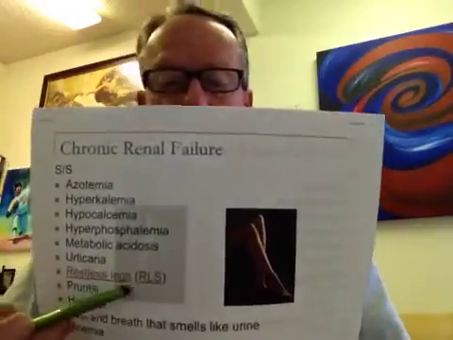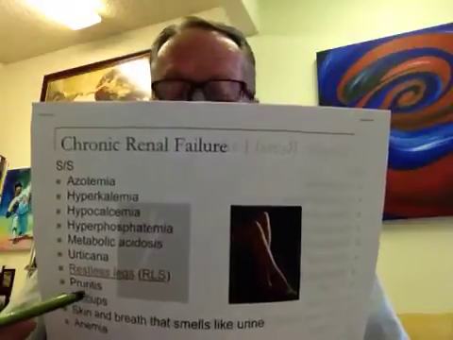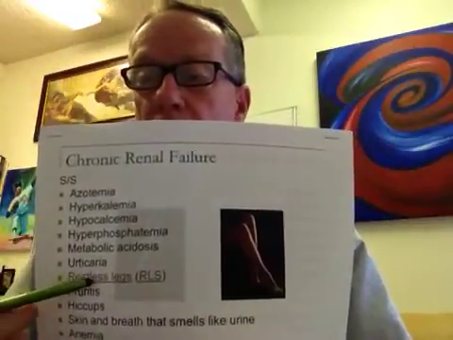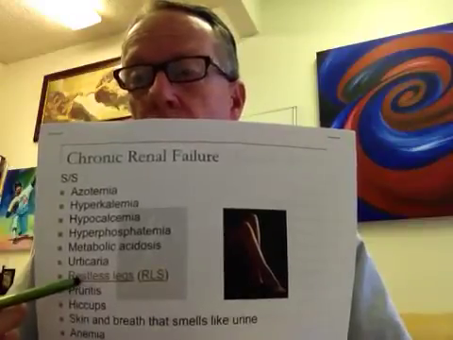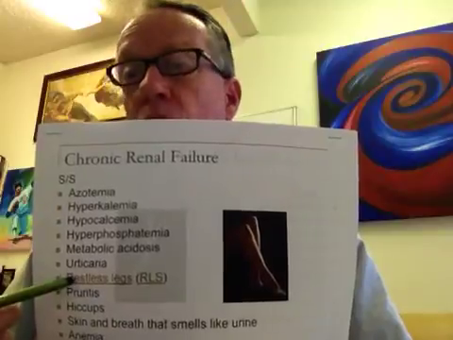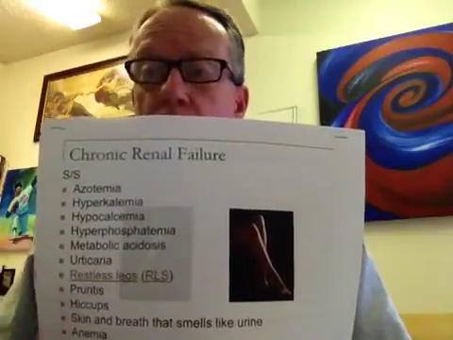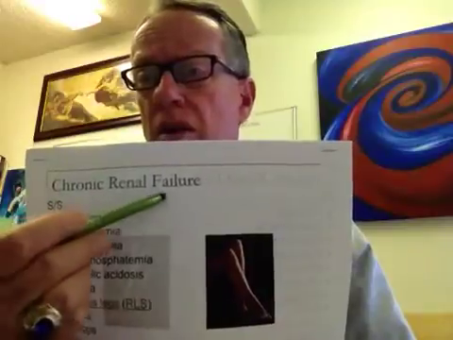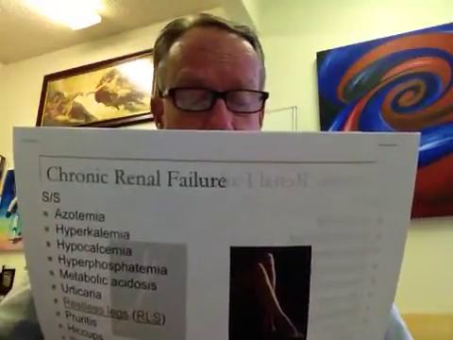Restless leg syndrome is presented to you, if you'll go to this link in the PowerPoint, you'll see a YouTube of a person who's expressing restless legs. So they can't control their legs, they can't sleep because their legs are just moving. This is a symptom of chronic renal failure.